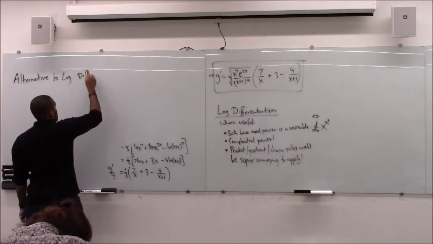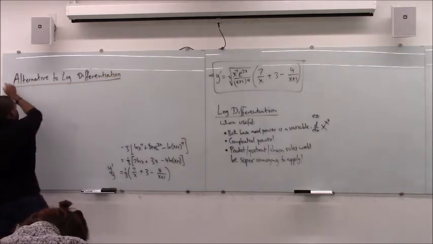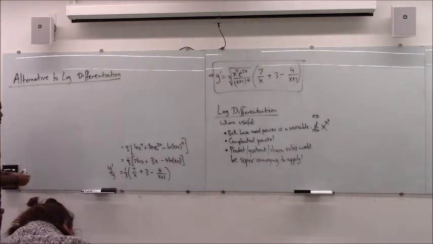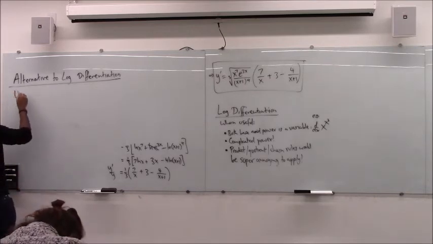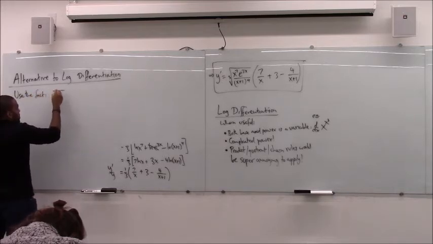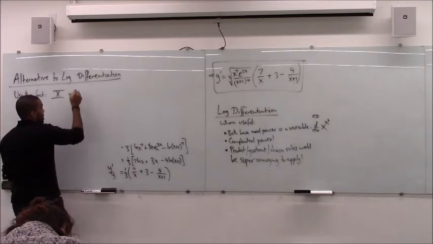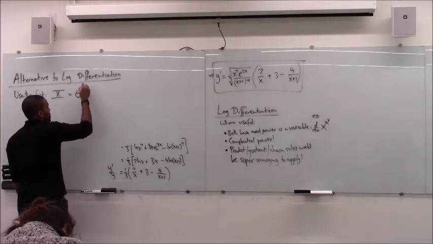So this is to use the fact that if I have something, and as long as it's valid to put it in a logarithm, I can write it as e to the ln of that something.